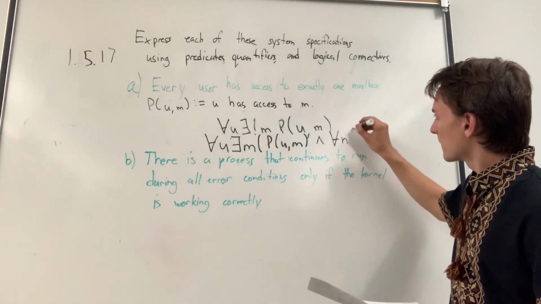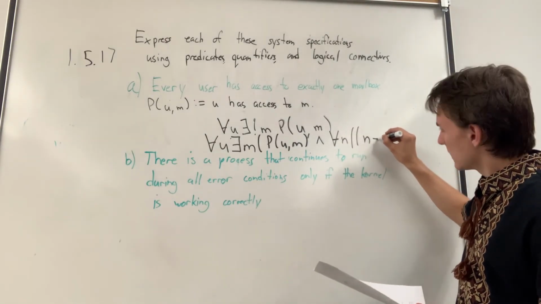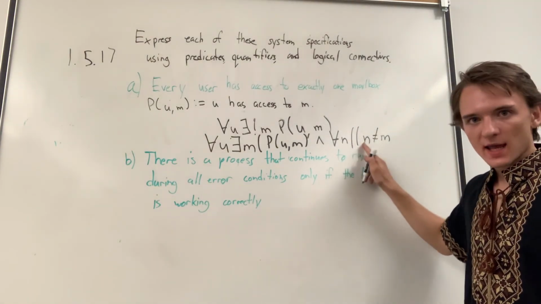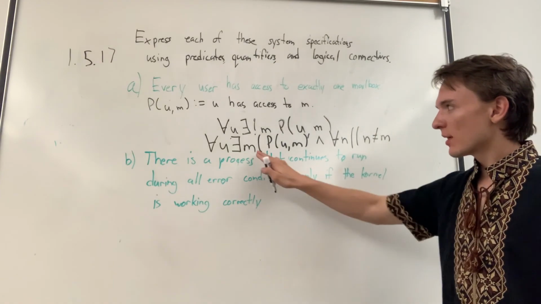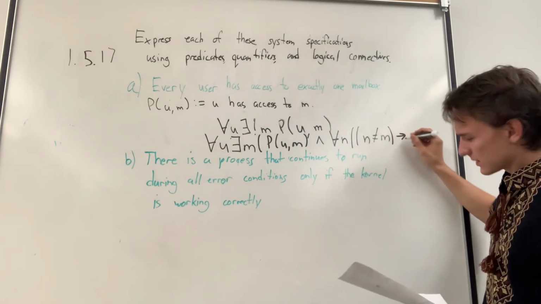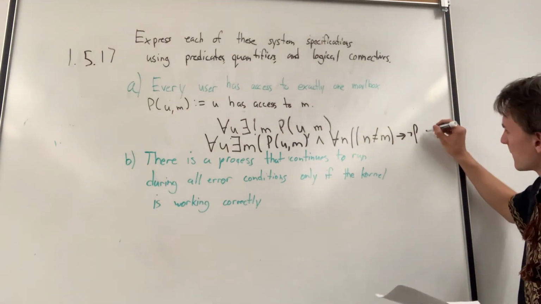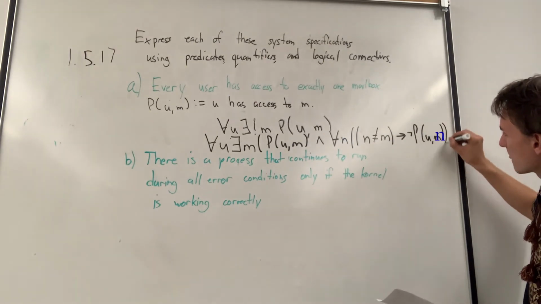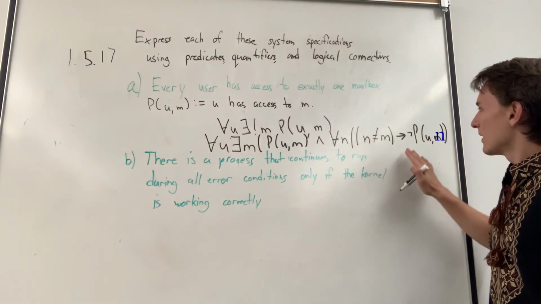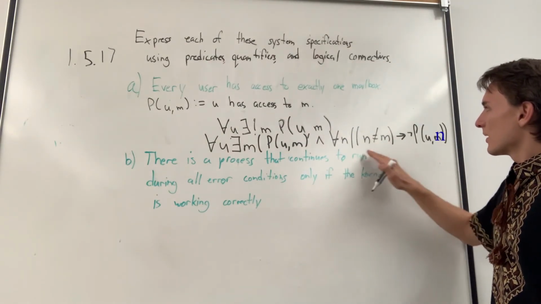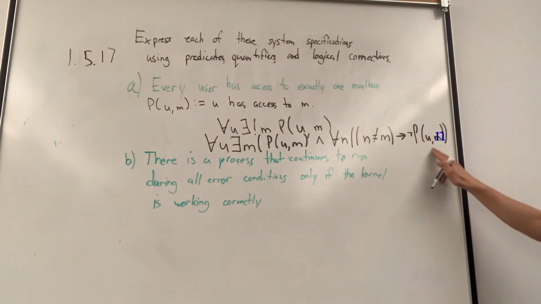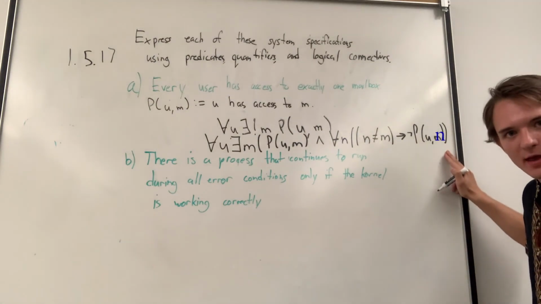For all n, where n is not equal to m, that is to say that mailbox n is not equal to the mailbox that the user has access to, this implies not P(u, m). For all mailboxes n which are not equal to m, if there's a mailbox which is not equal to m, then the user does not have access to that mailbox.